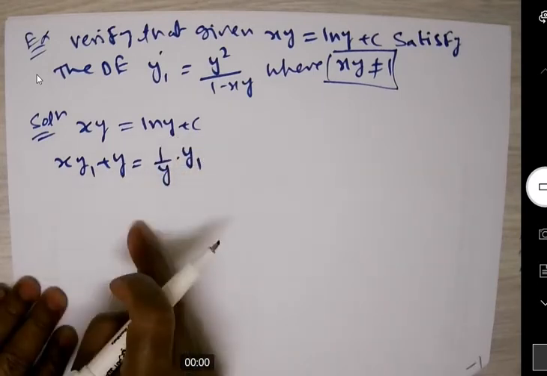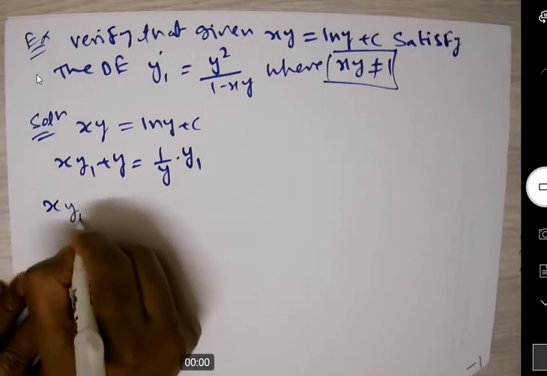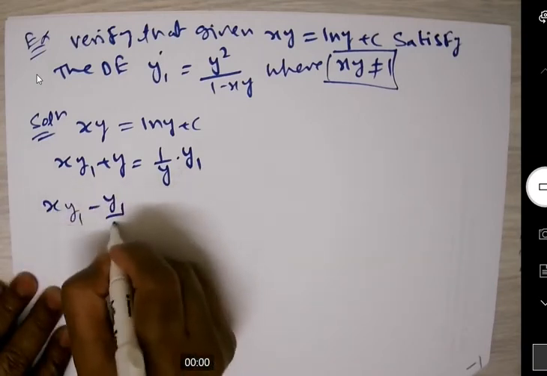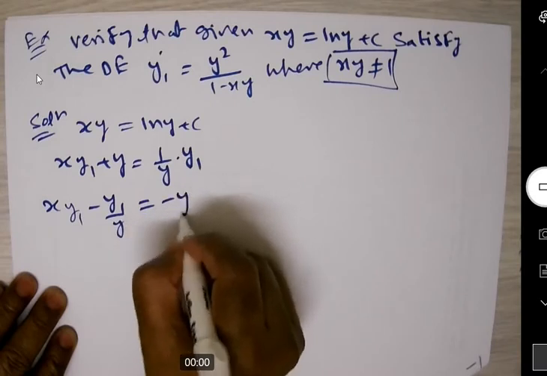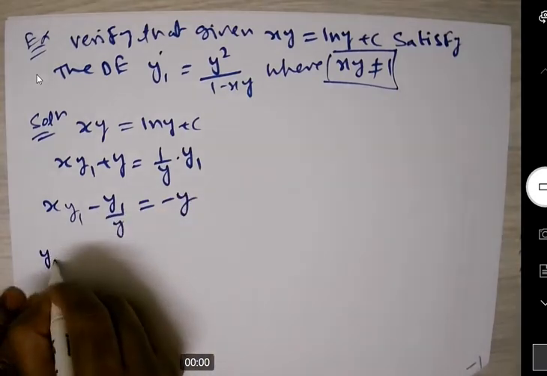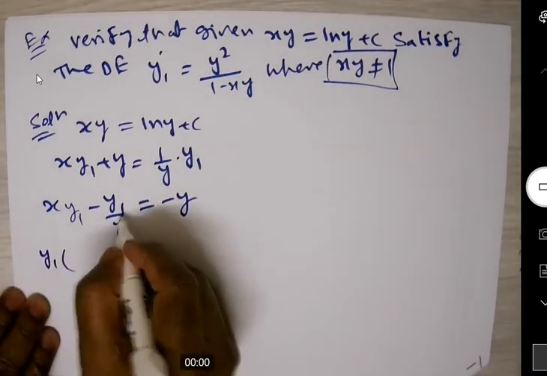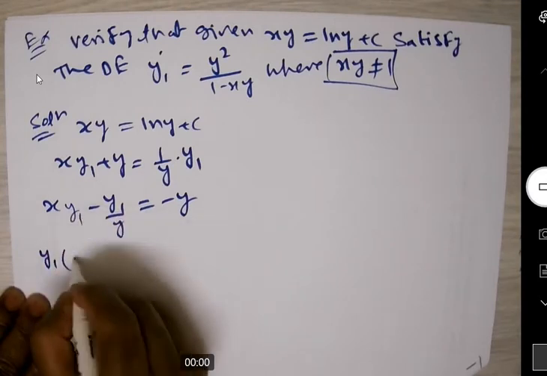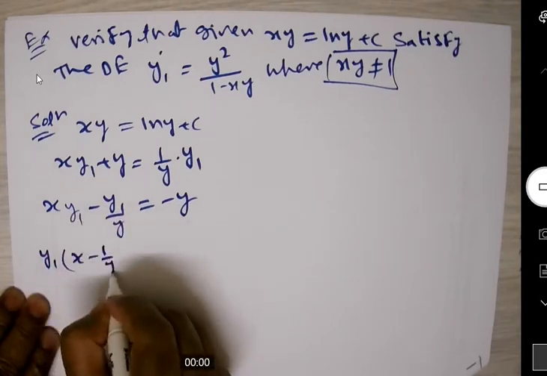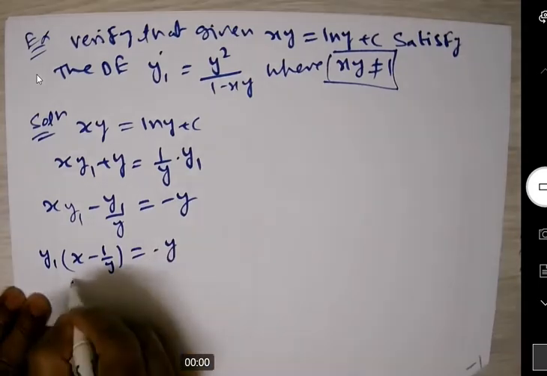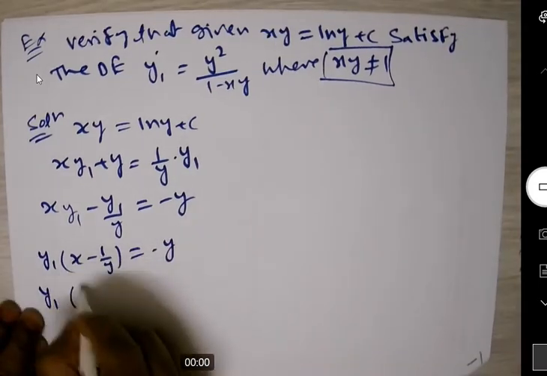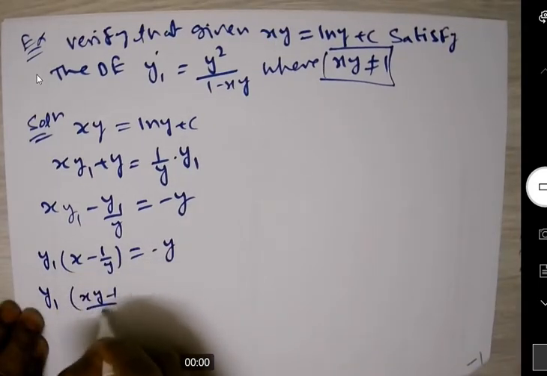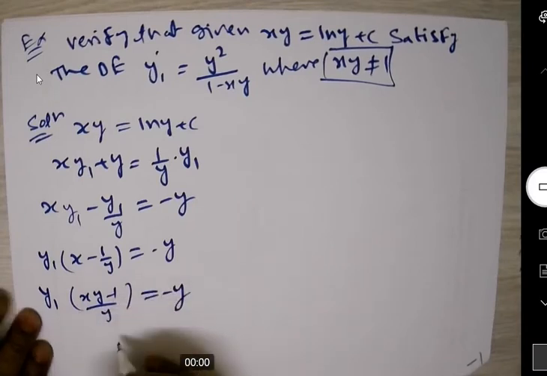Now keep all the y dash terms on one side: x y1 minus y1 divided by y, and keep the other term here. Taking y1 common, what remains is x minus 1 divided by y equal to minus y. Simplifying, y1 times xy minus 1 divided by y is equal to minus y.